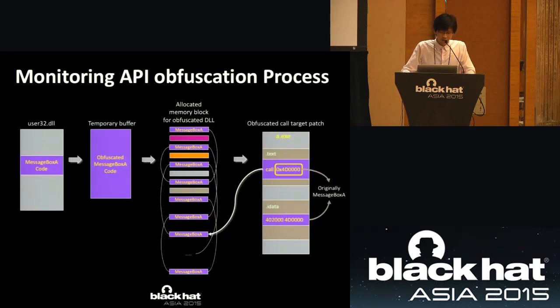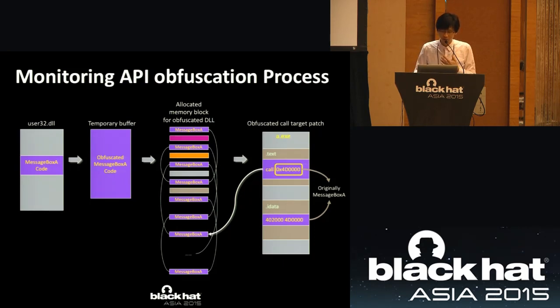And when we look at the memory trace again and again, we can find the API obfuscation process. For example, the MessageBoxA code is copied to a temporary buffer. The embedded obfuscator expands and obfuscates the instructions, so it becomes very large.